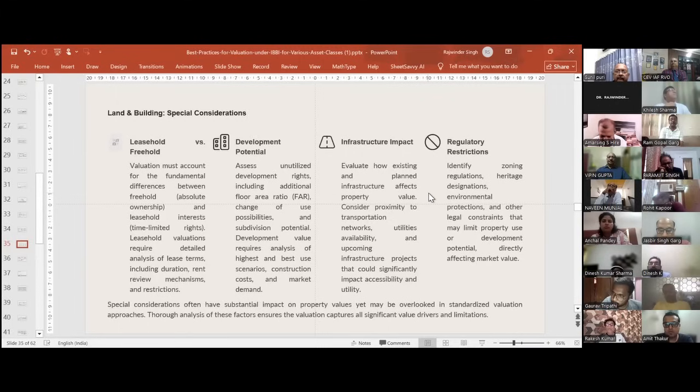And then you must consider the development potential. Many times there are properties which have not used the full FAR.